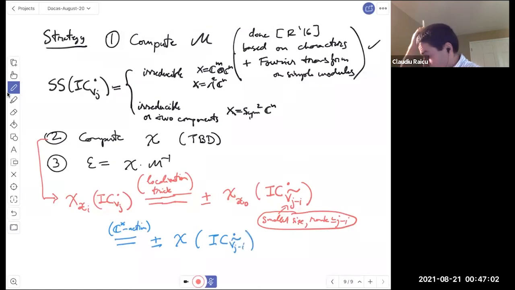And I understand I've used this notation for the constructible function here. I don't mean the constructible function, I really mean the global intersection cohomology, or the characters.